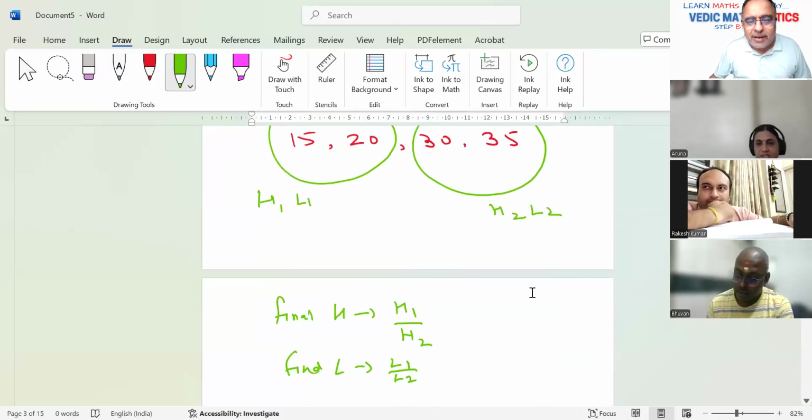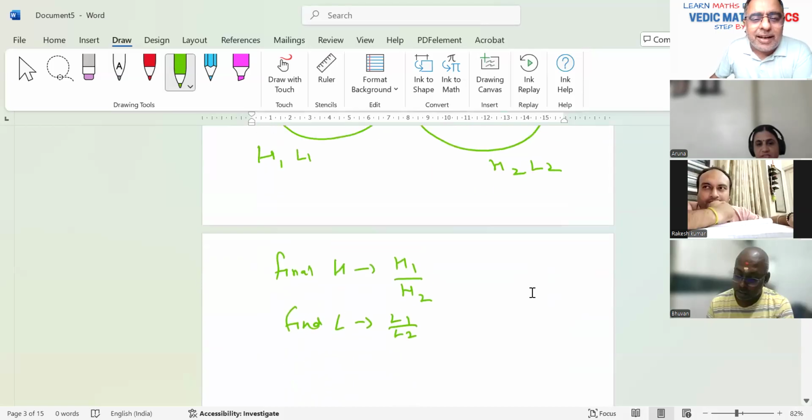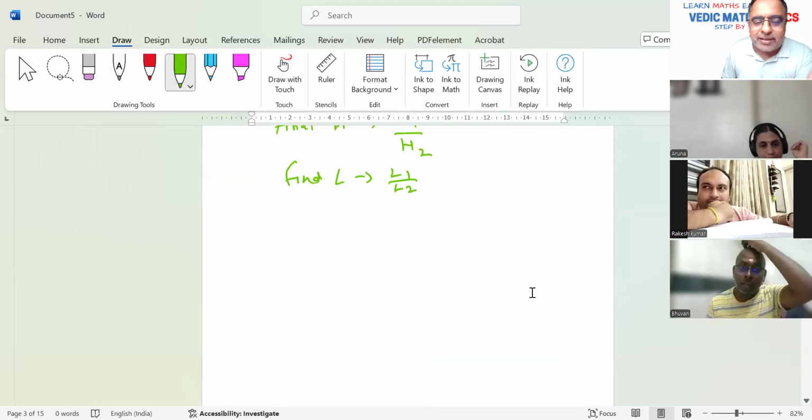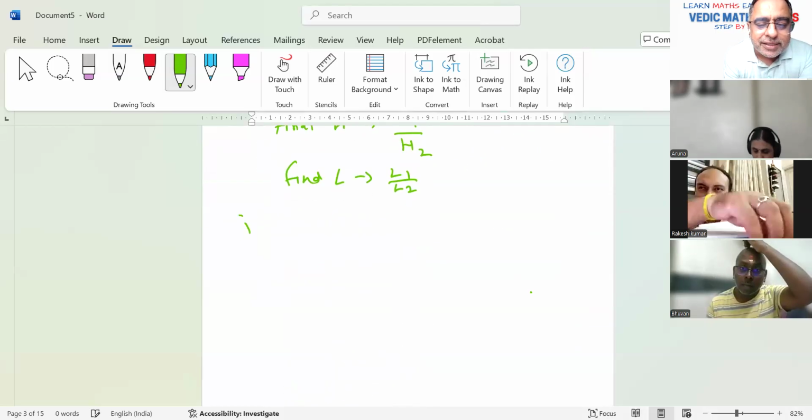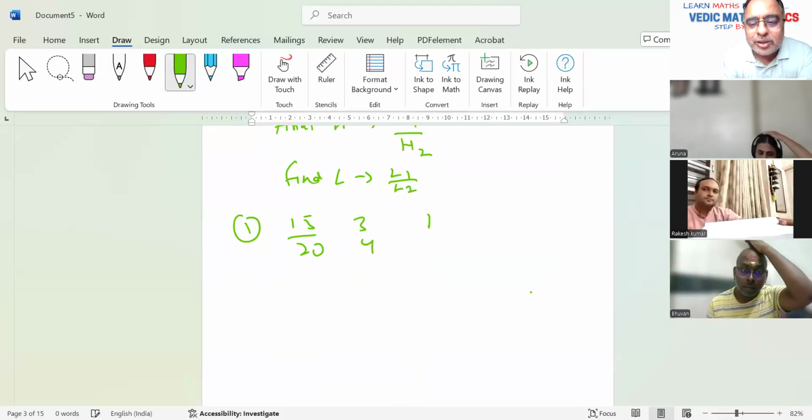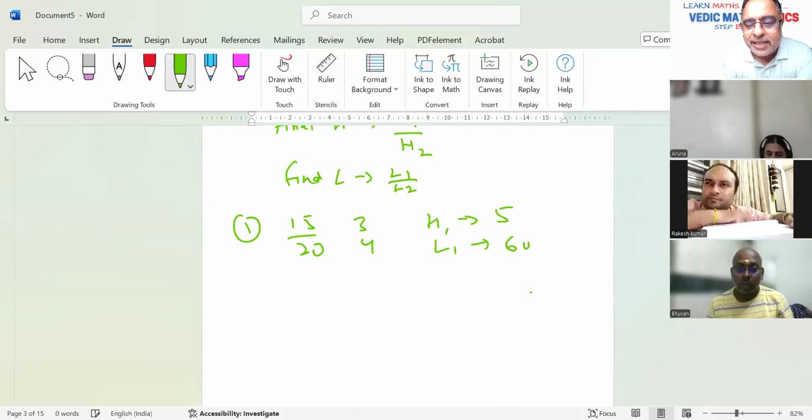HCF is 5, LCM is 420. Let's solve. First 15, 20. So 3 and 4. H1 I can say 5, L1 I can say 60. Second numbers are 30 and 35, that is 6 and 7.